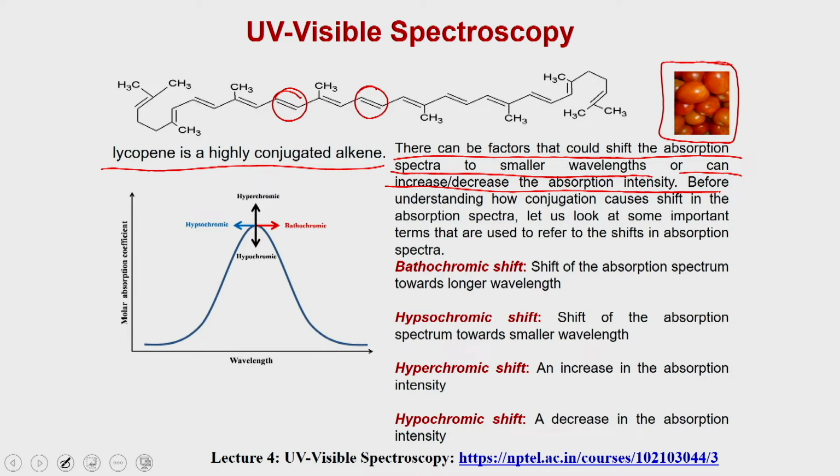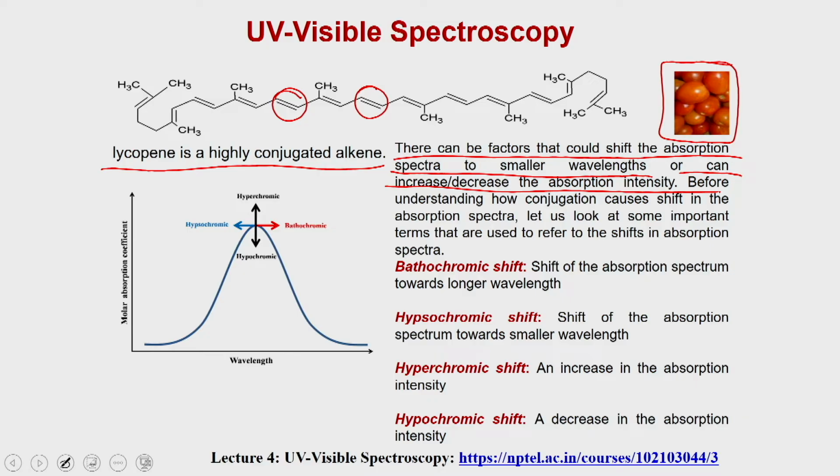So what are these? These phenomena can be described in different ways. When you see a shift in the absorption spectra, or an increase or decrease, for all these phenomena there are specific terminologies that people use.